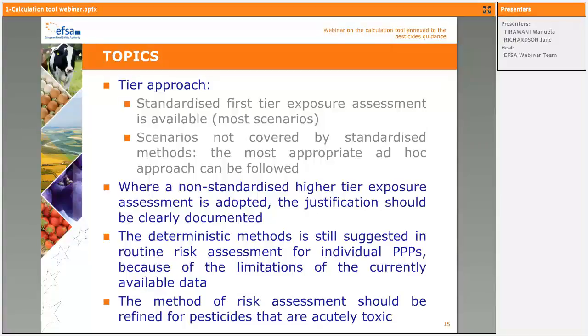So the guidance and the calculator annexed to it represent a standardized first-tier exposure assessment for most scenarios present in Europe. Of course, not omnicomprehensive, but many scenarios, the most frequent, are represented.